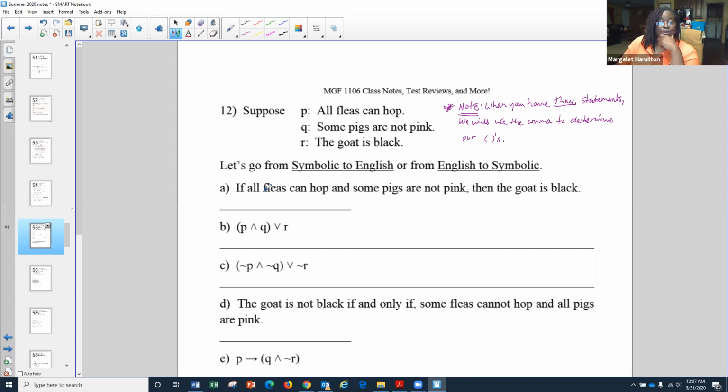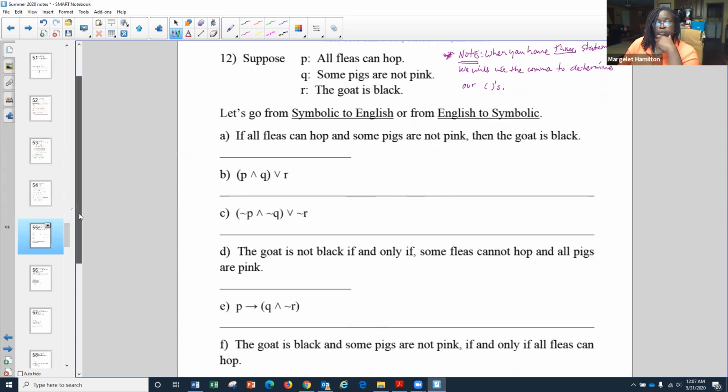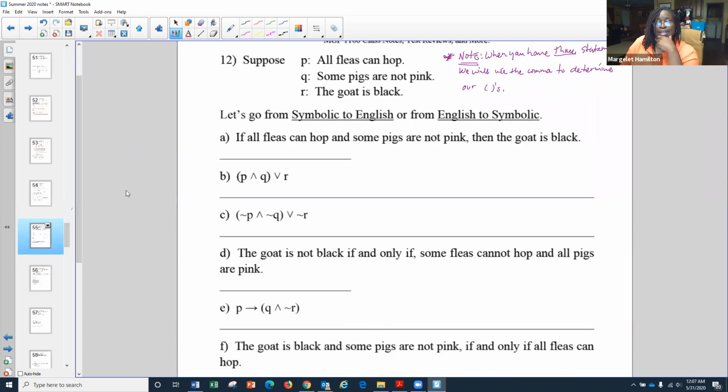All right, so let's look at what's happening here. They give us 3 statements, P, Q, R. P is all fleas can hop. Q, some pigs are not pink. R, the goat is black.